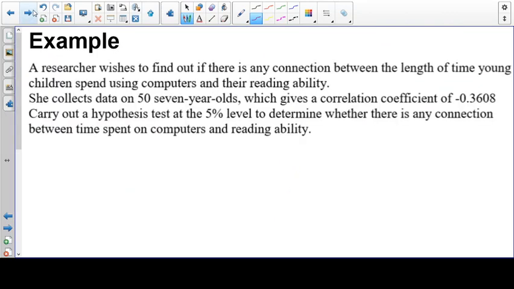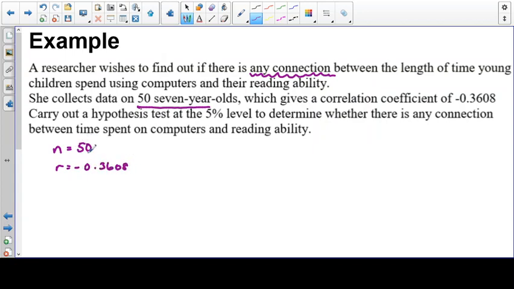Right, we're just going to look at one contextual question. A researcher wishes to find out if there is any connection between the length of time young children spend using computers and their reading ability. She collects data on 50 7-year-olds, so this is your sample size, which gives a correlation coefficient of negative 0.3608.